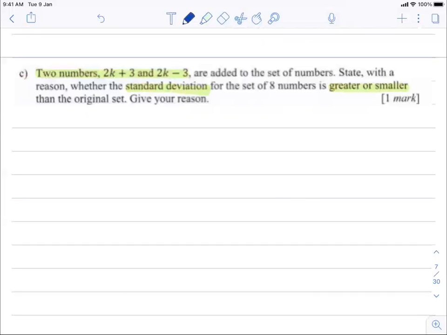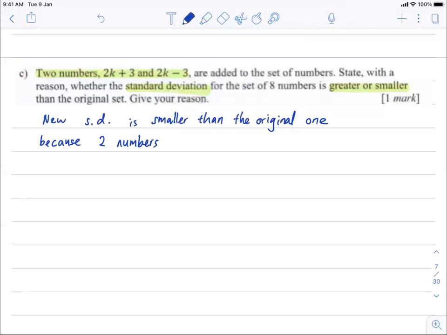So the new standard deviation is smaller than the original one because the 2 numbers added are close to the mean. So basically, when we add these 2 numbers, the standard deviation will be smaller.